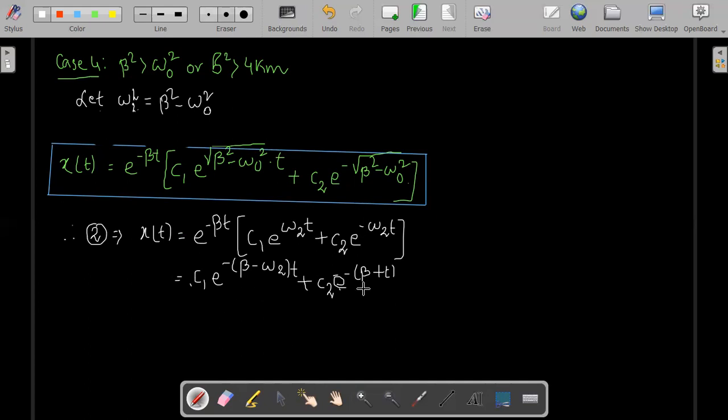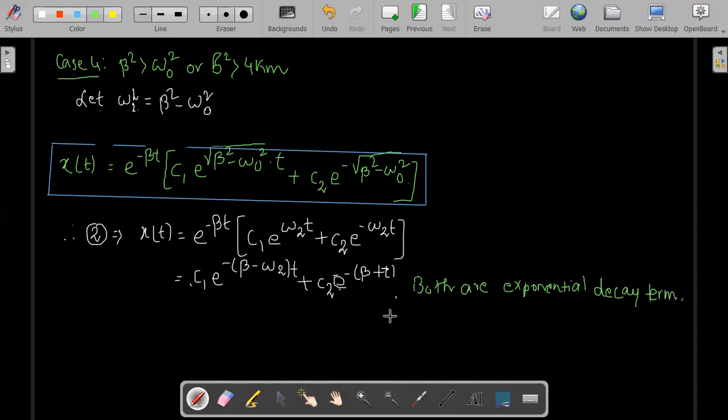Now you see both the terms are exponential in nature. There is no oscillating term, there is only the exponential term. So a very important conclusion we can write here is, both are exponential decay terms. Right?